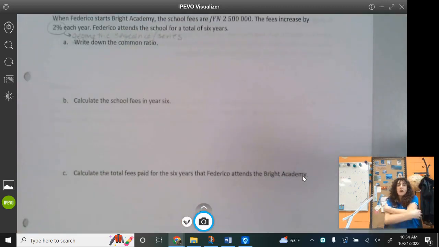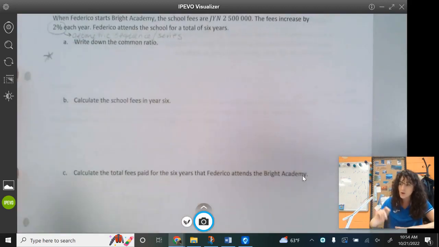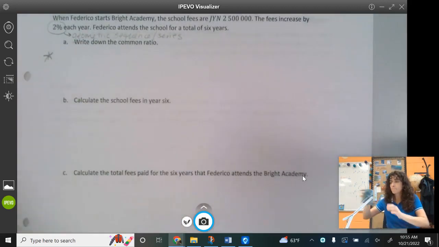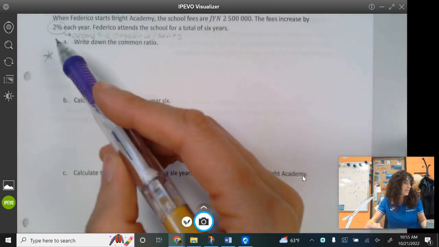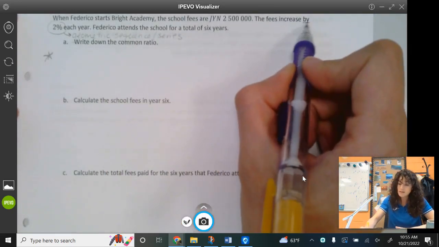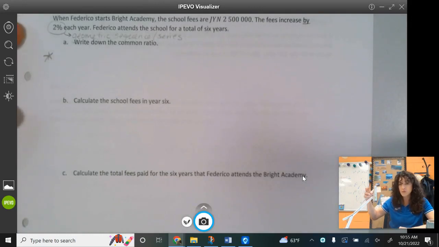And all it says right now is to write down the common ratio. And since we did this last lesson, I'm going to have you do this on your own. It says that it increases by 2% each year, right? So that means that it's going up by 2%, not that it becomes 2% each year, right?